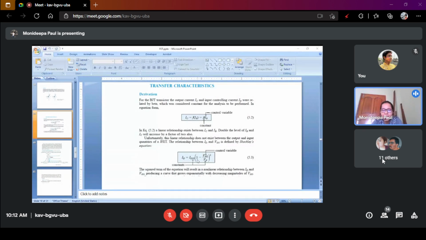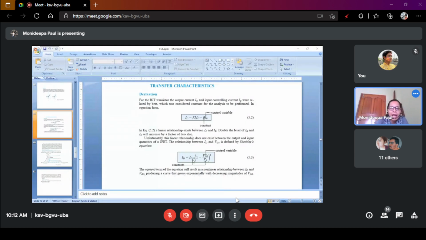So here you see, this is the control variable. VGS is the control variable. So ID fully depends on the VGS. For a particular FET, VP is fixed, the pinch off voltage is fixed. If pinch off voltage is fixed and we vary the VGS, then ID will vary.